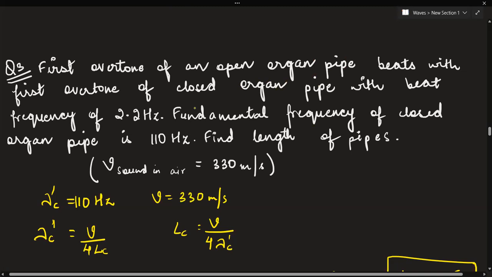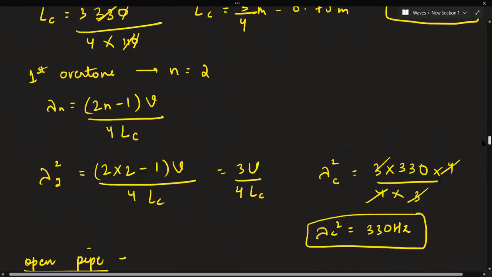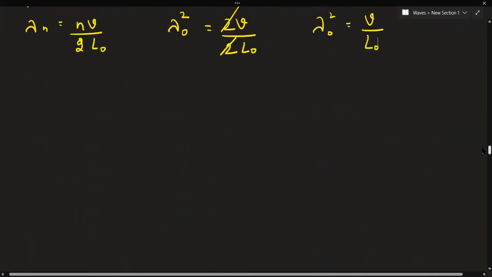And what is the beat frequency? The beat frequency is 2.2 hertz. It means the difference of these frequencies, that is, the difference of the closed organ pipe's frequency and the open organ pipe's frequency, gives the beat frequency.